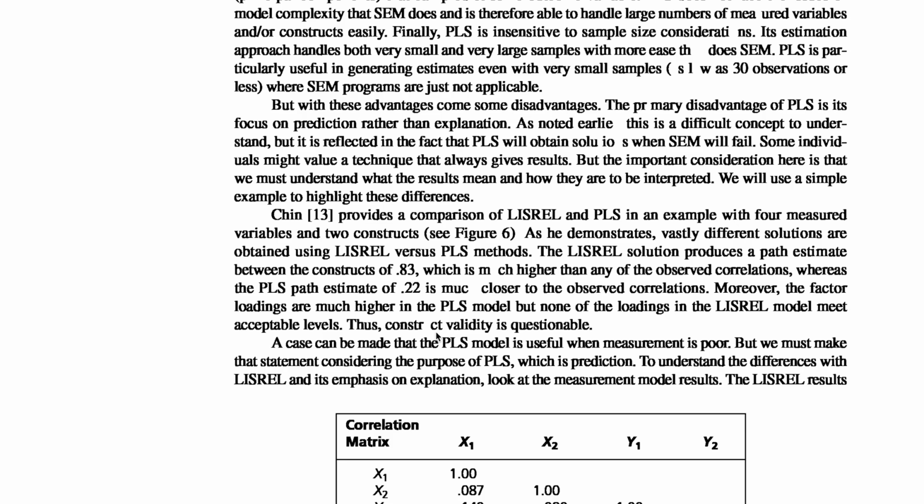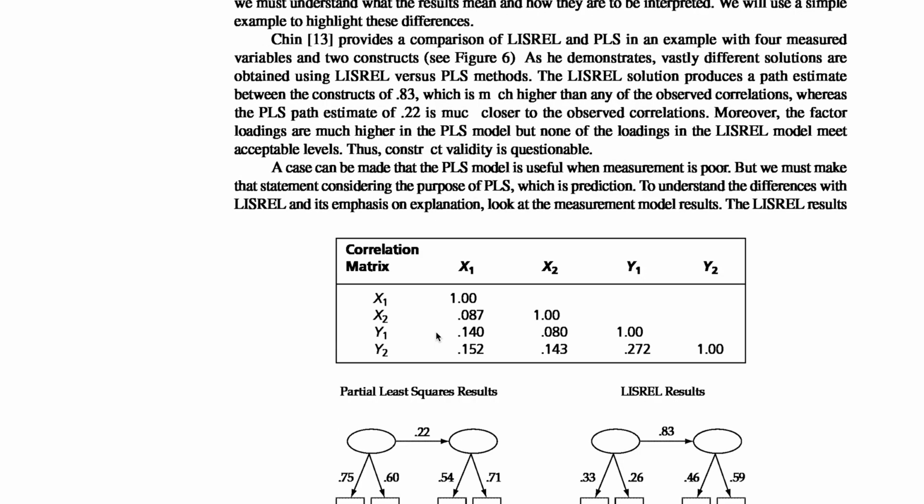The LISREL solution produces a path estimate between the constructs of 0.83, which is higher than any of the observed correlations, whereas the PLS path estimate of 0.22 is much closer to the observed correlation. Moreover, the factor loadings are much higher in the PLS model, but none of the loadings in the LISREL model meet the acceptable level, so the construct reliability is questionable.